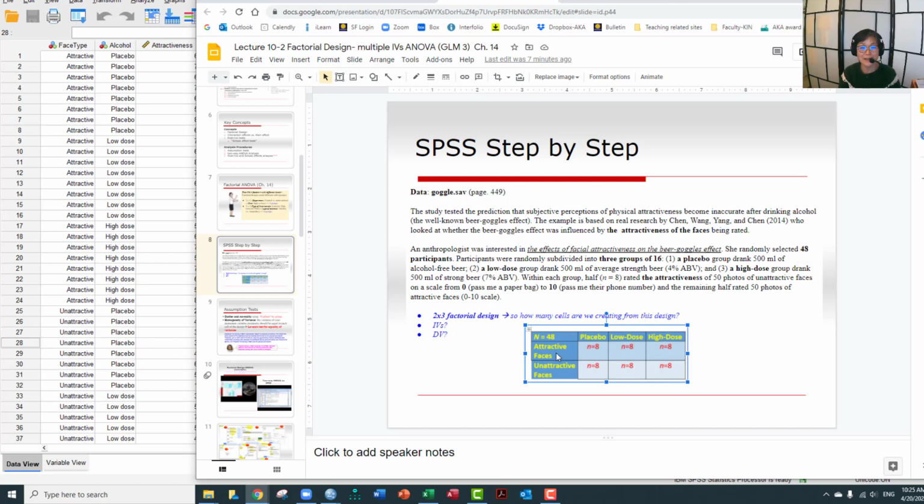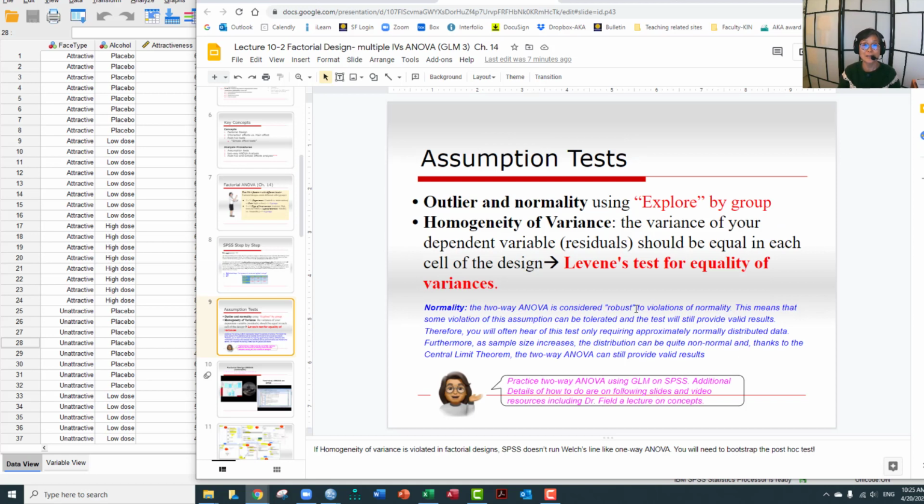Those are the dosages, and two different face types on the attractiveness scale. Got it? So what is the dependent variable? Attractiveness rating, right?